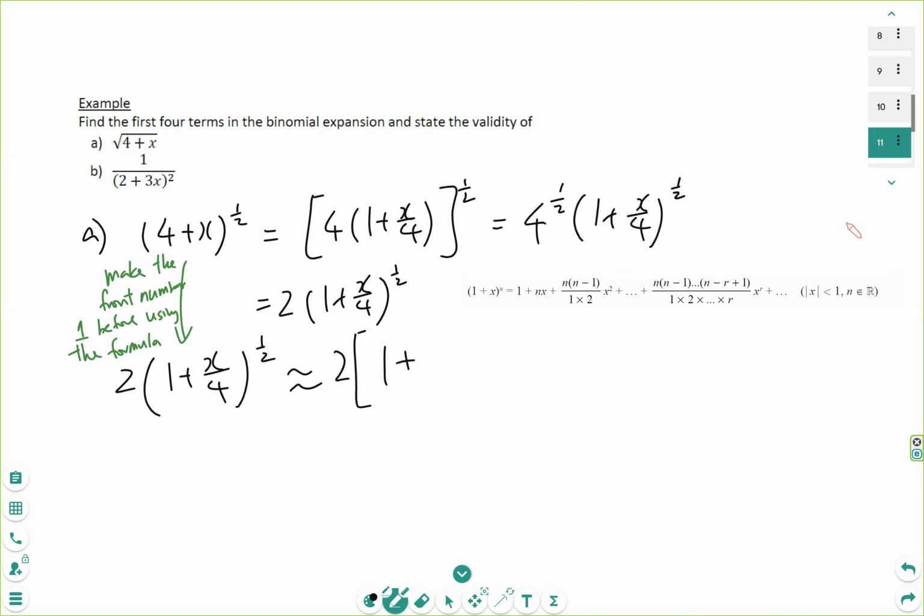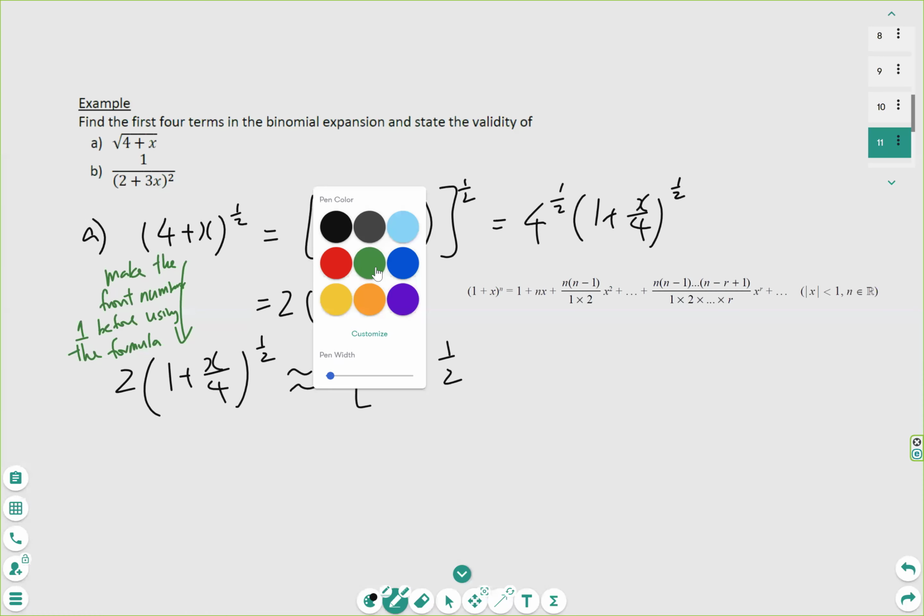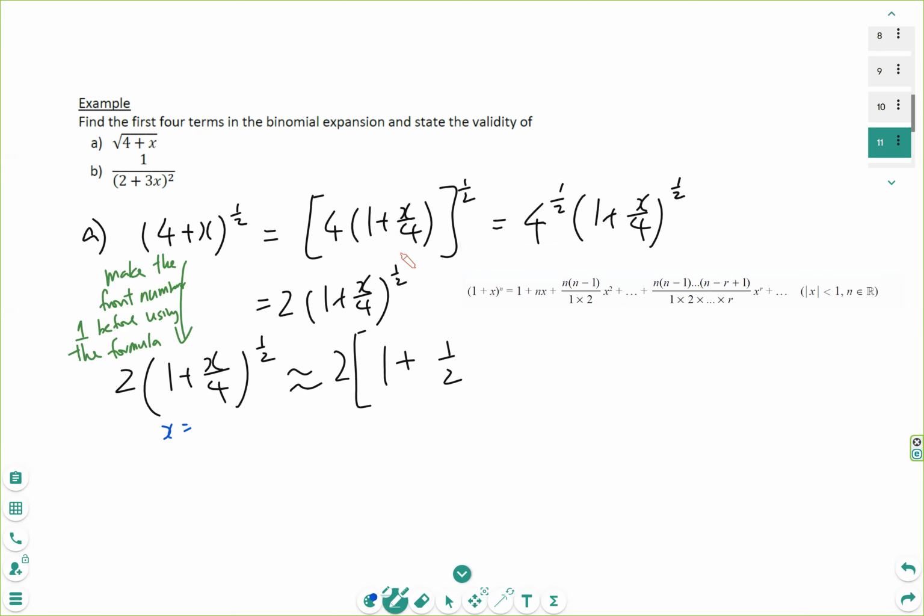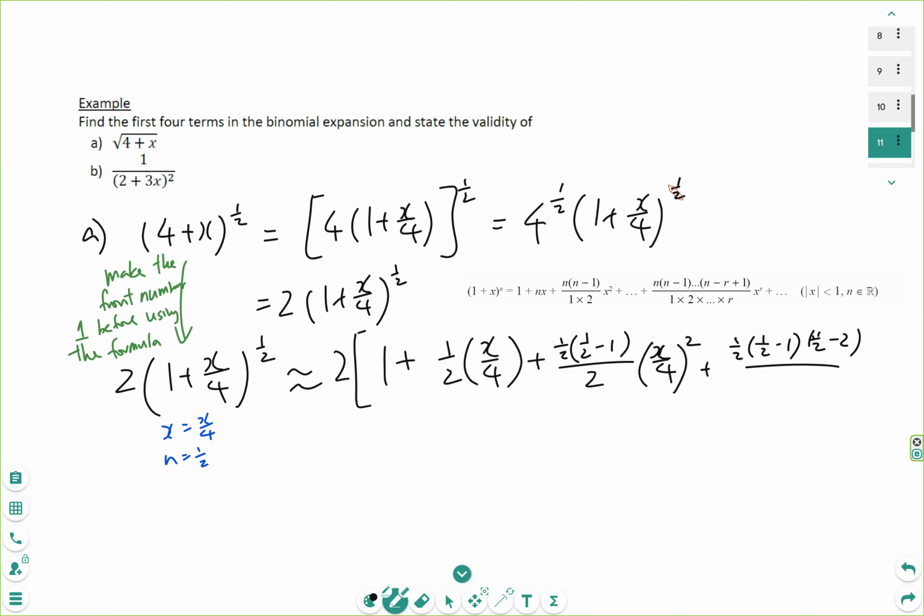So 1 plus nx, where x is x over 4 and n is a half, plus n(n minus 1) over 1 times 2 times x over 4 squared, plus n(n minus 1)(n minus 2) over 3 factorial times x over 4 cubed, plus dot dot dot.